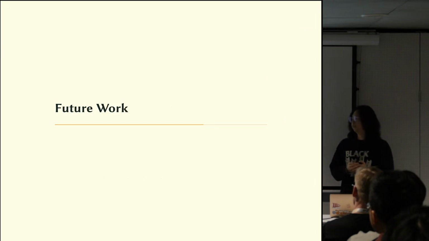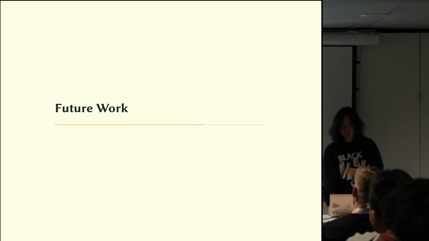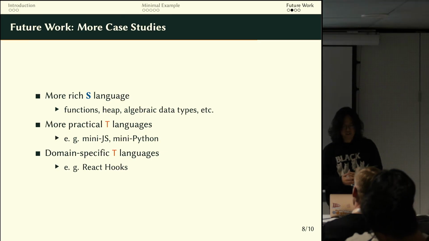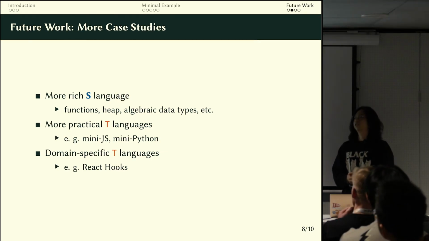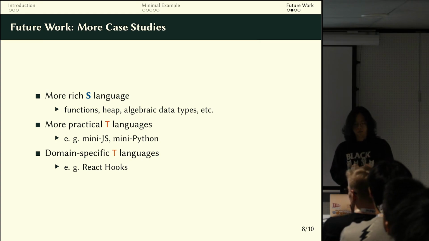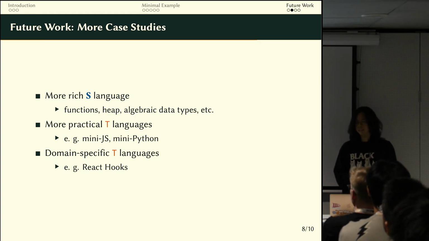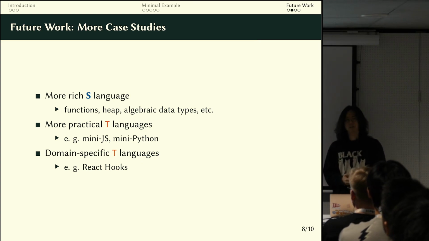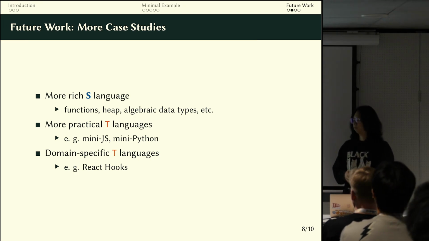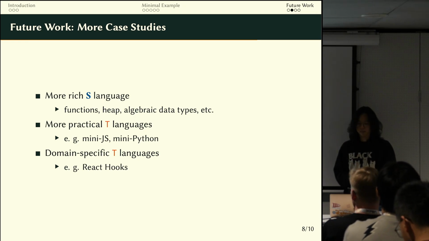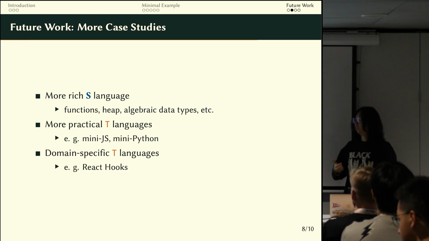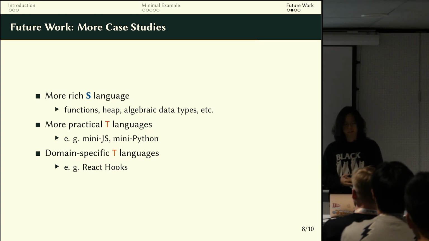So the next question will be, how general is this approach? This motivates 2 directions in future work. The first one is to apply this approach to more realistic settings. For the S language, we plan to add richer features such as functions, heaps, and algebraic data types, which are commonly used for writing interpreters.